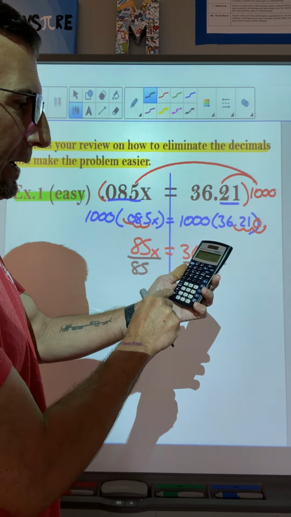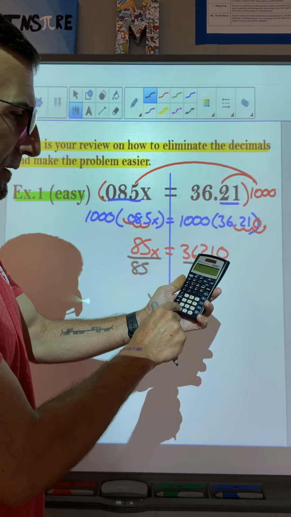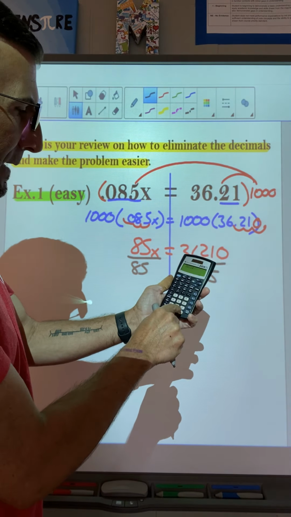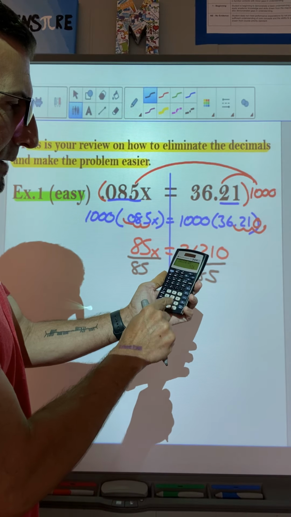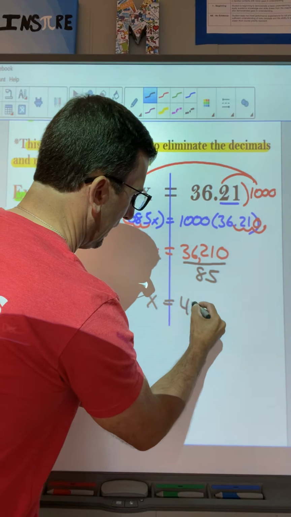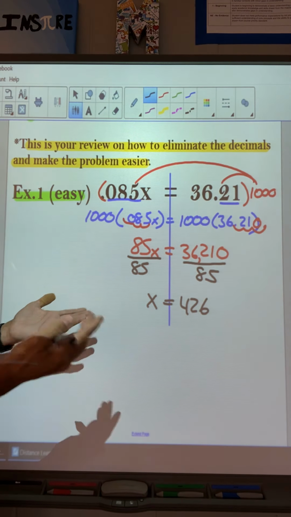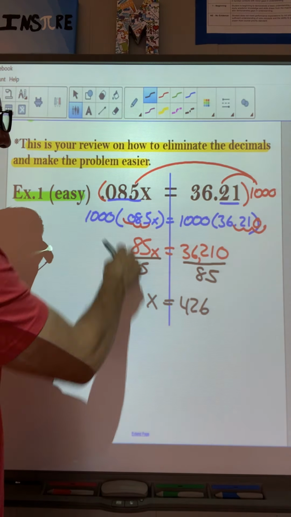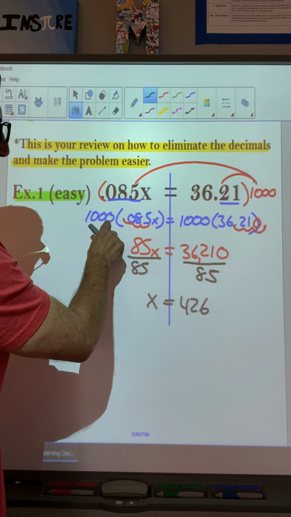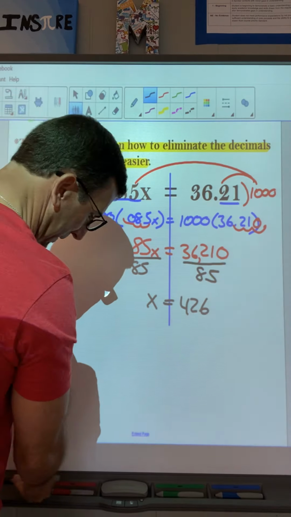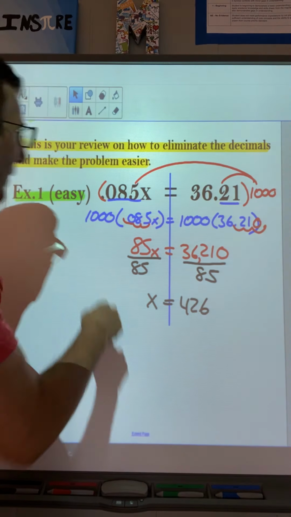If you can do it longhand, practice longhand. 36210 divided by 85 equals 426. And that's it. Okay, so we had 3 decimal places, so we decided to multiply by 1,000, but you got to multiply both sides by 1,000. Okay, let's try another one.